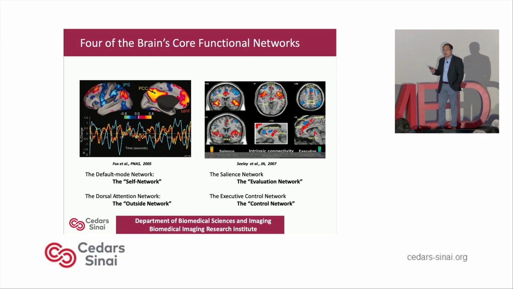By attaching salience value and talking to the executive control network, these two networks work together to flexibly switch our attention to either focus on ourselves or focus on the external stimuli. So these four networks, to me, lay the foundation of how our brain really works, both towards internal stimuli and external stimuli.